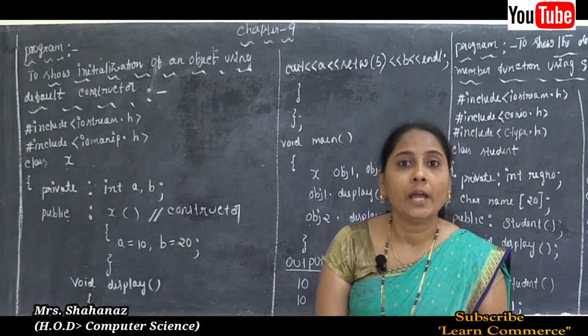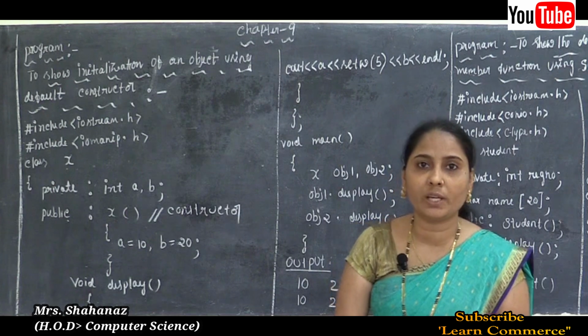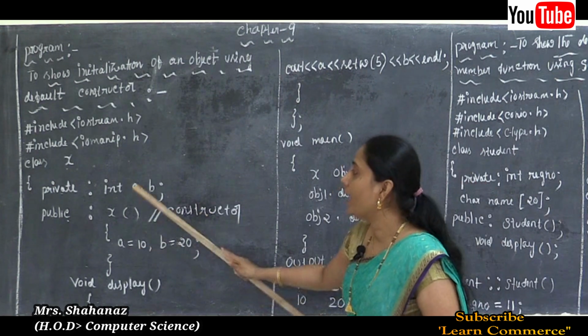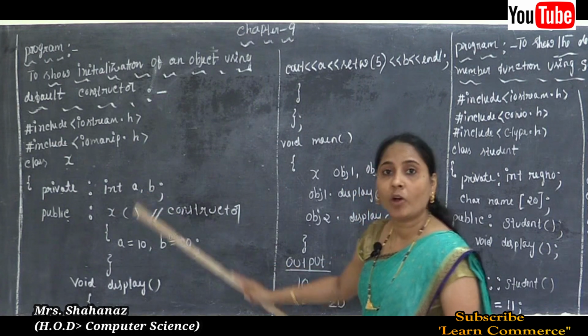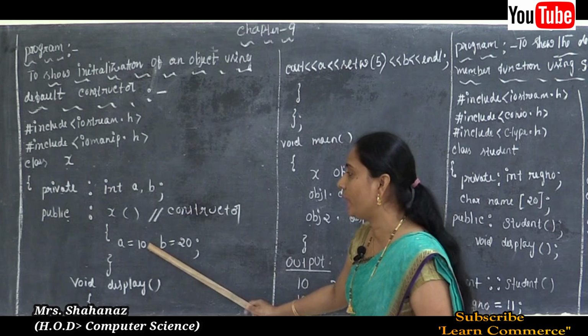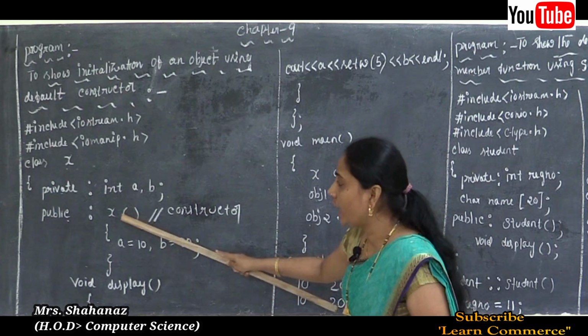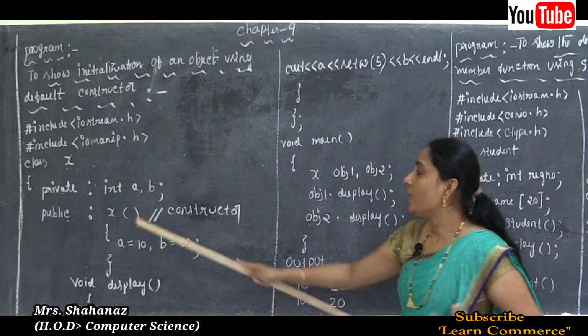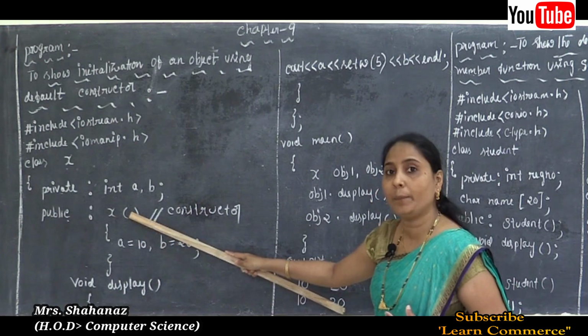Why do we use it? To initialize the object of the class automatically, to give some value to the object, whatever variables or members we created in the class. This is the example program of the default constructor, so there are no arguments in the parentheses.